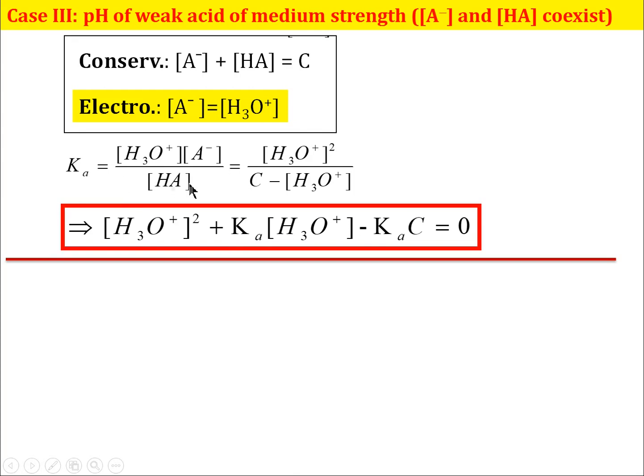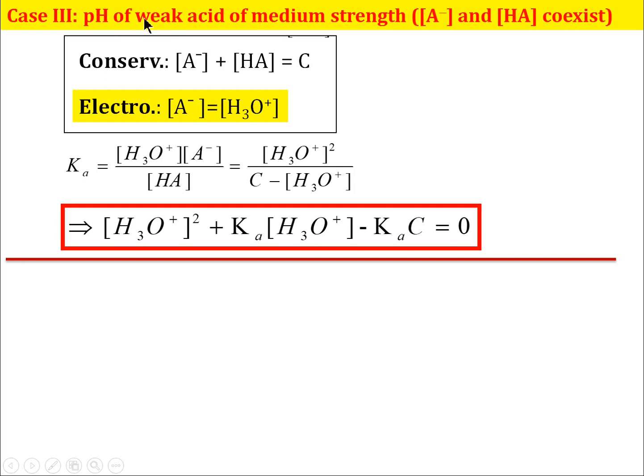So Ka times C minus Ka H3O plus concentration equals H3O plus squared, and we obtain this quadratic equation: H3O plus squared plus Ka H3O plus concentration minus KaC equals 0.